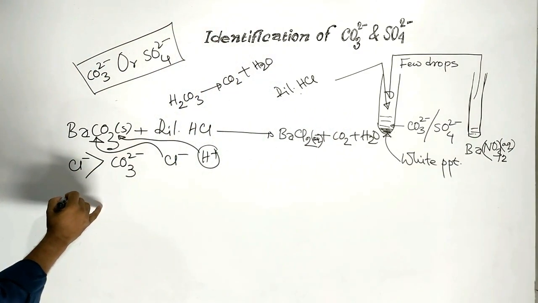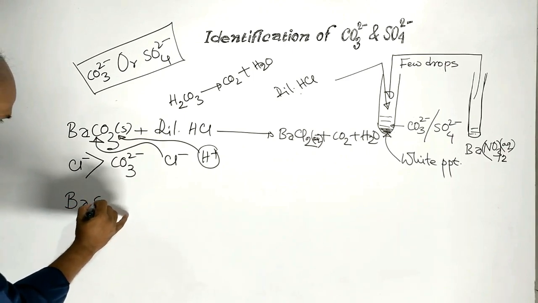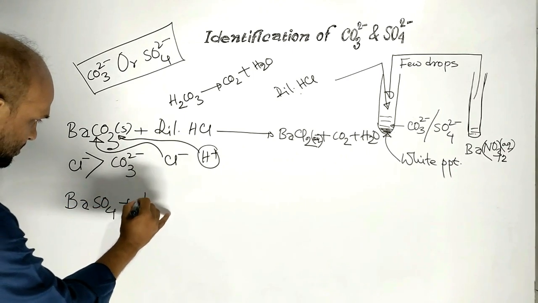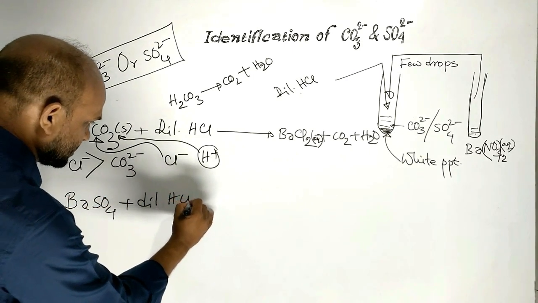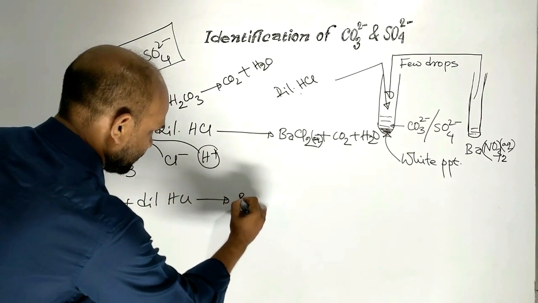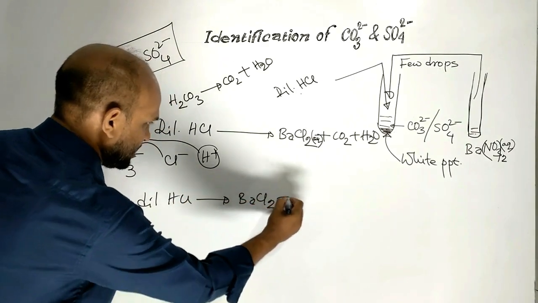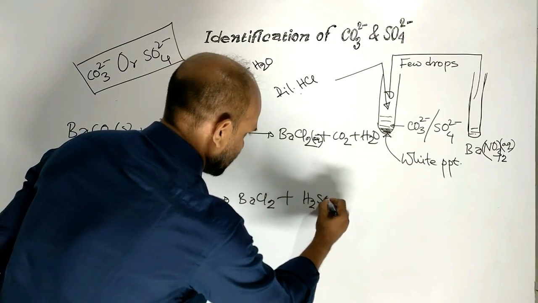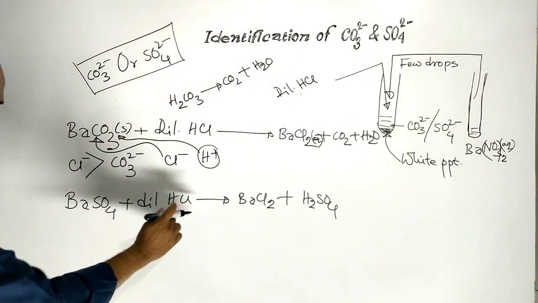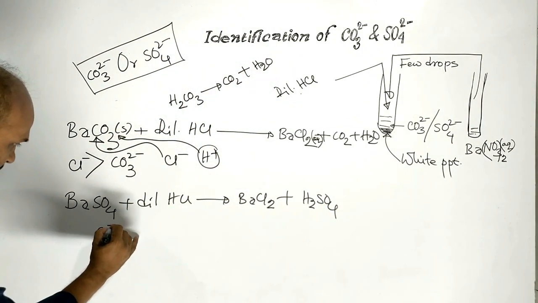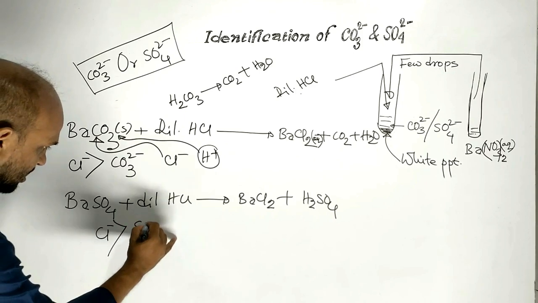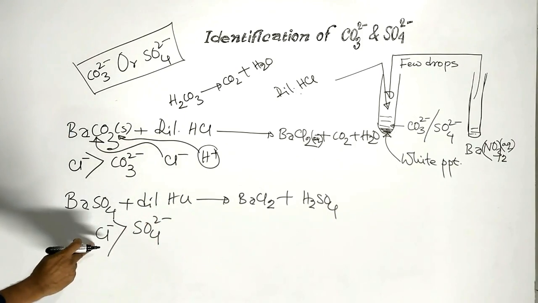Now, let us see about the barium sulfate. Diluted hydrochloric acid, which forms, suppose, barium chloride and sulfuric acid. Here we know as well, chloride ion is more reactive than sulfate ion from the electrochemical series of anions.